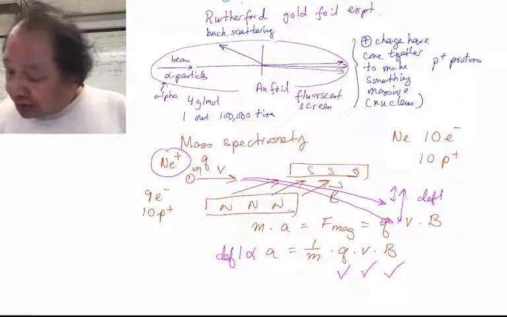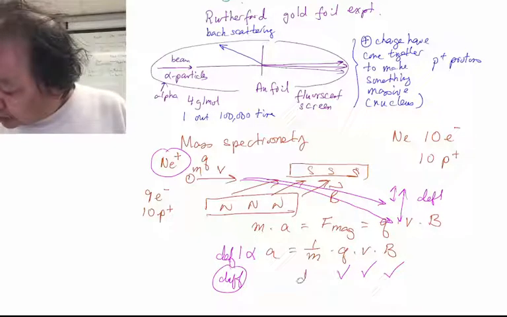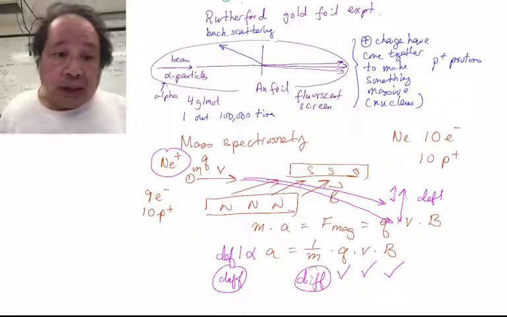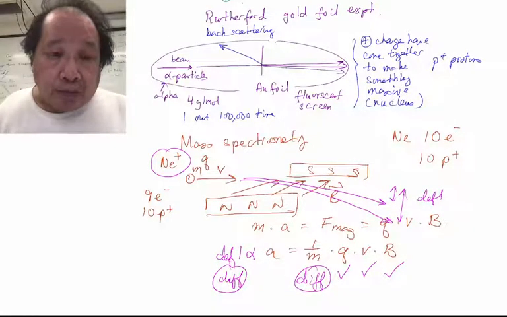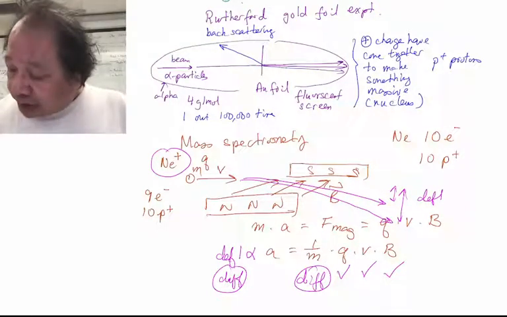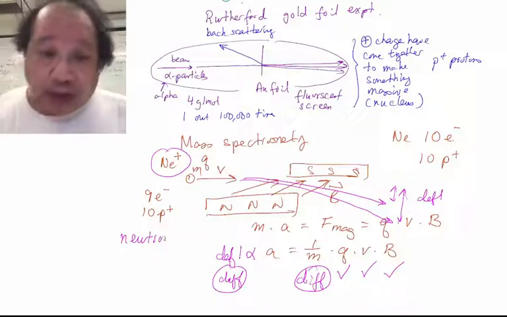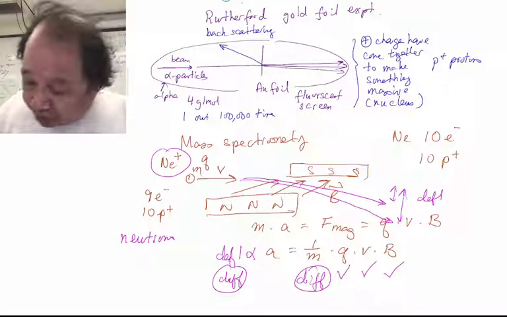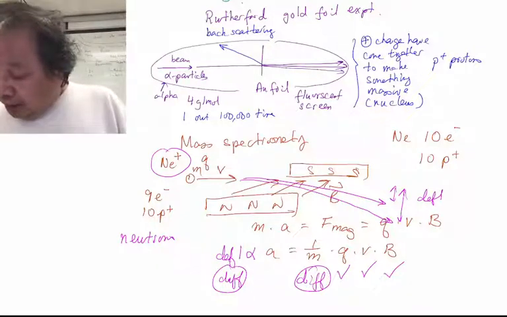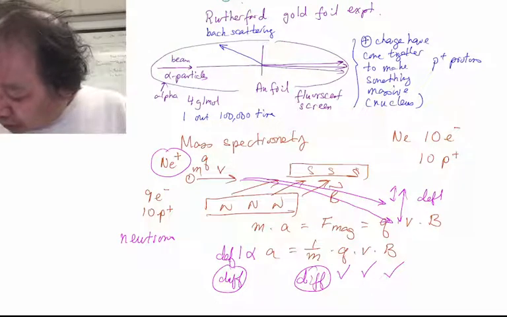If the deflections are different, it must be that the masses are different. And the masses are different, we now know, because of a third particle. Neon has a third particle called neutrons, and there are 2 types of neon with different numbers of neutrons. And the neutrons don't change the overall charge, they are neutral.